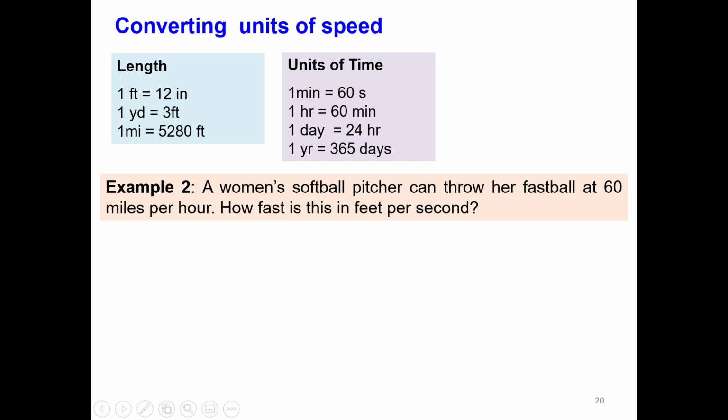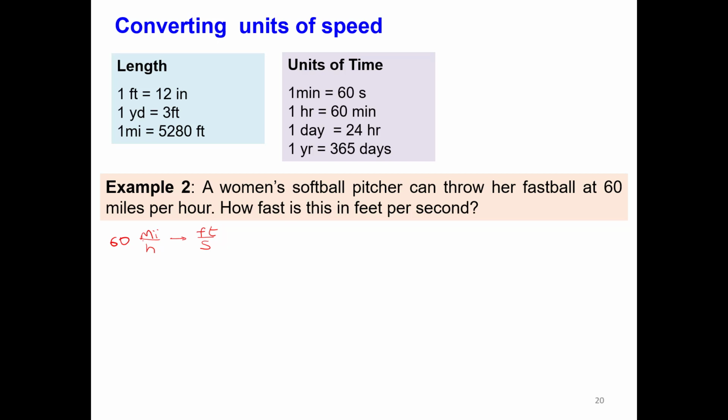We had 60 miles per hour, and we want to convert this into feet per second.